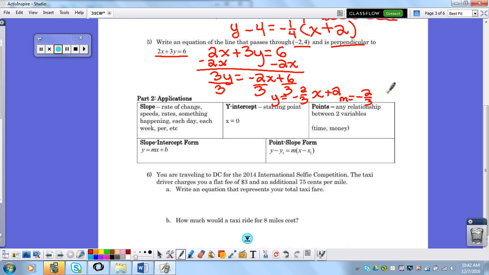That means if it's perpendicular to that line that we just found, your slope that is perpendicular is opposite. So negative becomes a positive, and you flip it over. So you have your slope. You have a point. You put it in point slope. So y minus 4 is equal to 3/2 parentheses x plus 2. And that is how we reviewed how to write equations of a line.